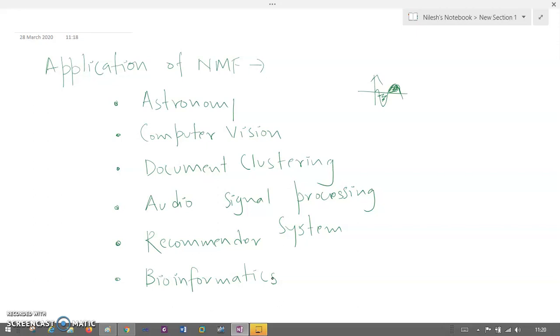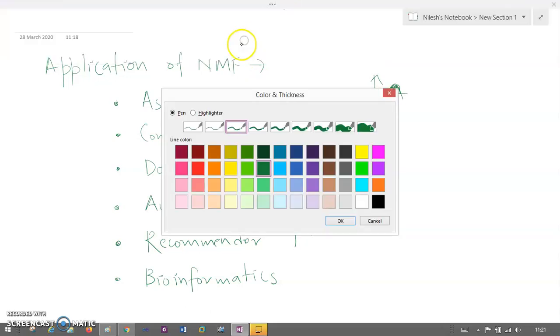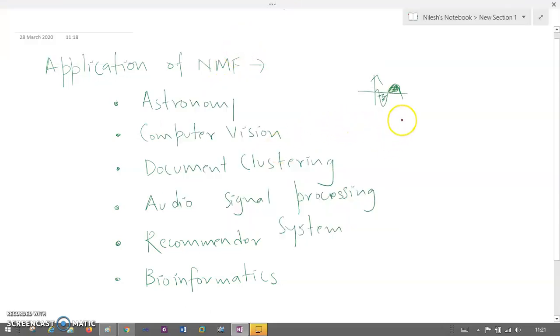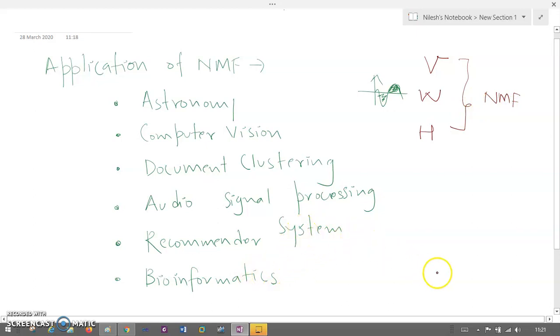Importantly, in NMF we talk about V, W, and H. These are the three matrices which make up the complete NMF. So it actually looks like this.